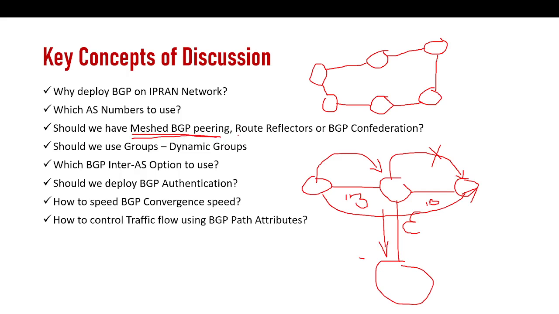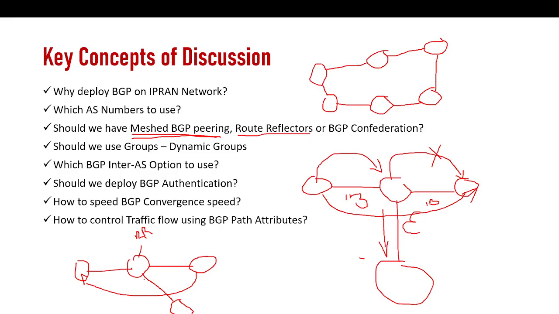The best one that is normally used is the route reflector. With the route reflector, you deploy route reflectors in your network. With this setup of three routers, you can configure the middle device as the route reflector, and then you don't need to have this BGP peering. Whenever another BGP router comes in, you only need to configure a BGP session with the route reflector. This is the most preferred solution, and the one we deploy on IPRAN.